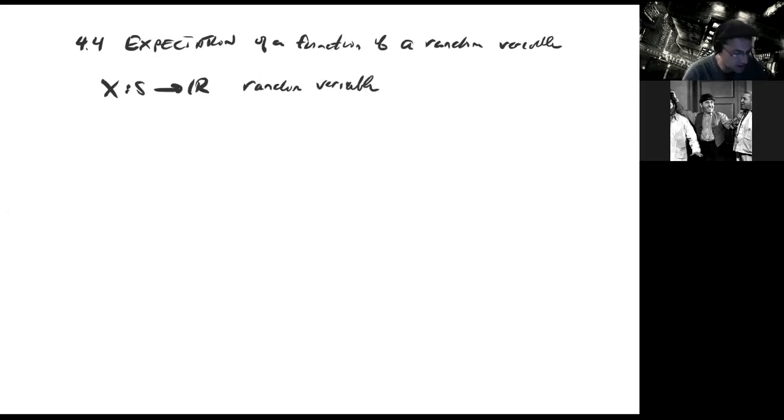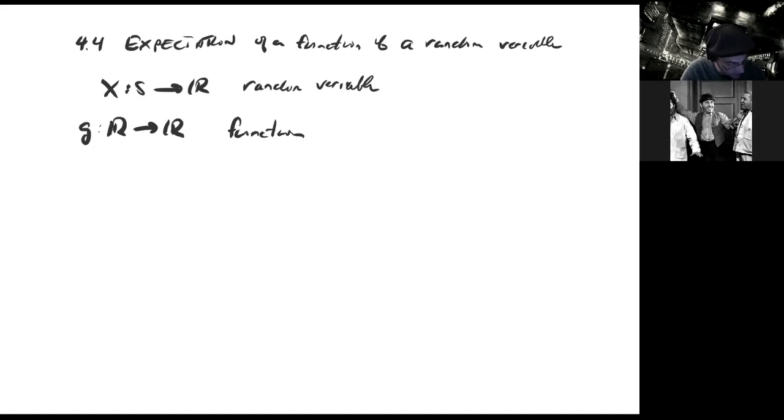Discrete means that S is either a finite set or it's a countably infinite set. Countable means it could be put in one-to-one correspondence with the natural numbers. And now I have G, any function from the real line to the real line.